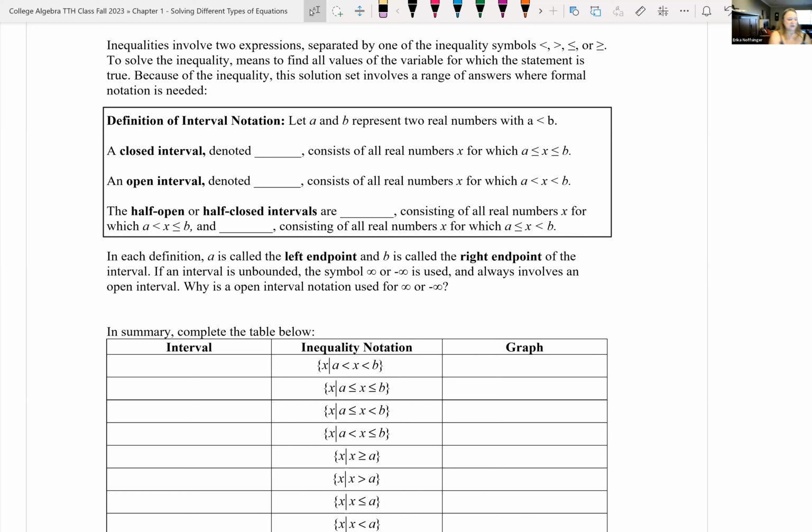Okay, so looking at the following, let A and B represent two real numbers, and we're given that A is less than B. A closed interval is denoted by brackets.